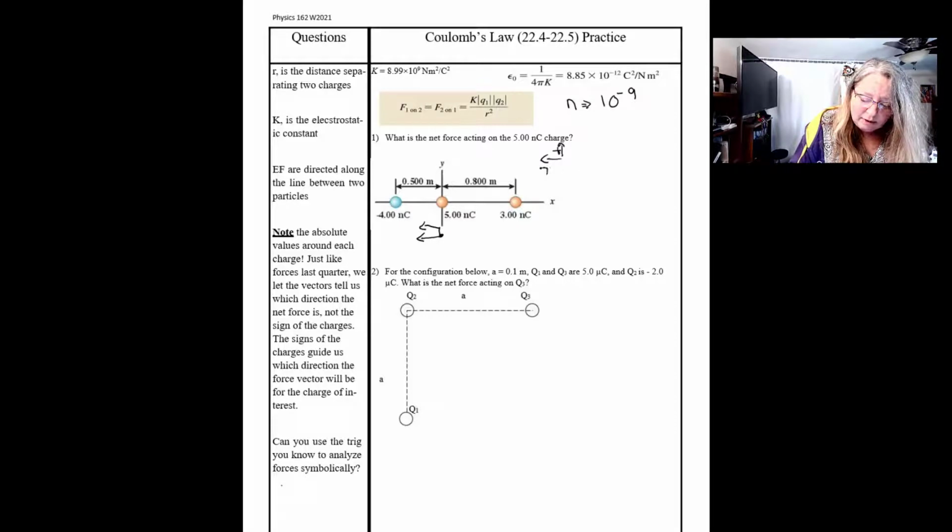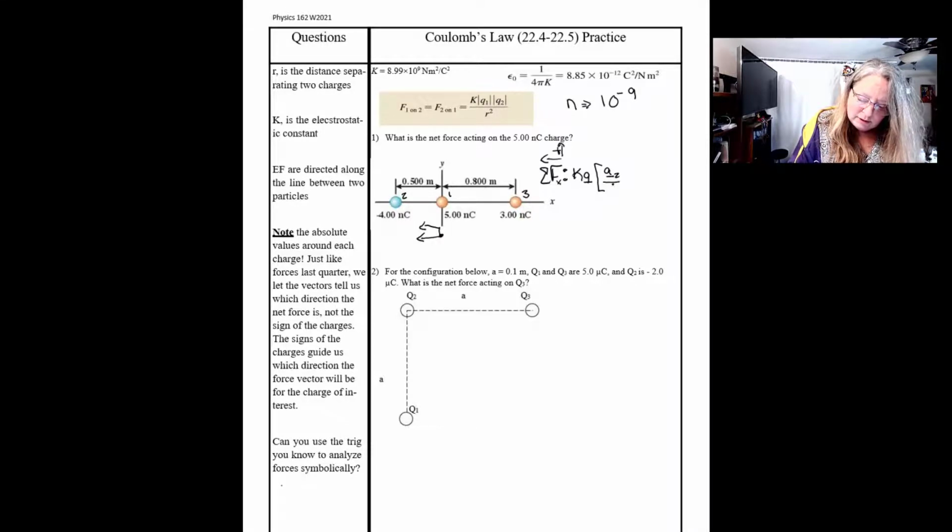So the sum of my forces in the x, I can pull k out, and I can pull, let's call this 2, 1, and 3. So I can pull q1 out, and then that lets me go q2 over r squared.